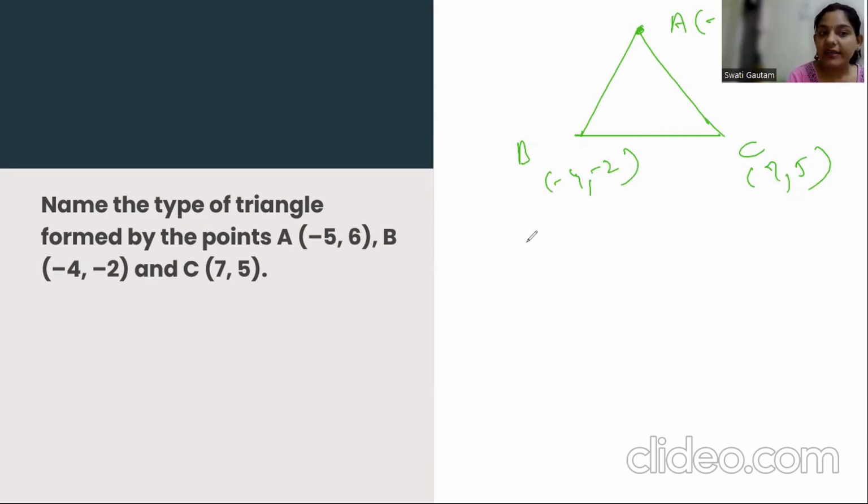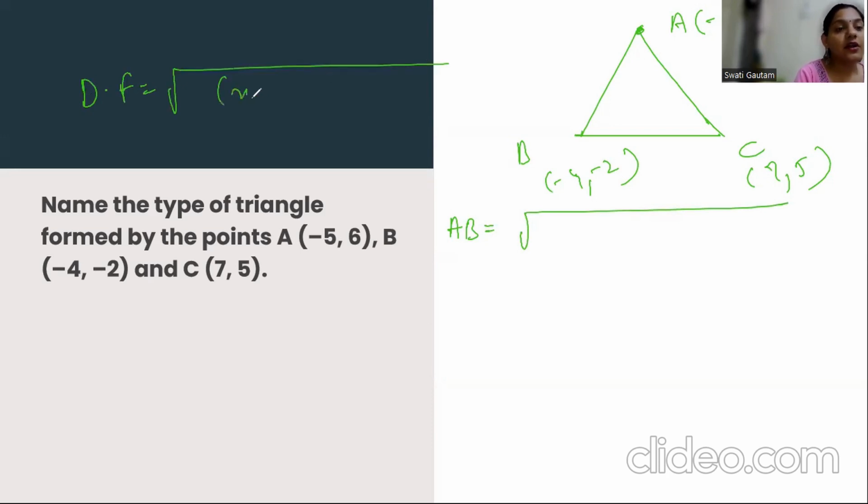Whenever we have to see what type of triangle it is, obviously we have the coordinates, so we can easily find out the sides. On the basis of sides, it can be scalene, isosceles, or equilateral. To find the sides using the coordinates, we have the distance formula, which is under root of x2 minus x1 whole square plus y2 minus y1 whole square.